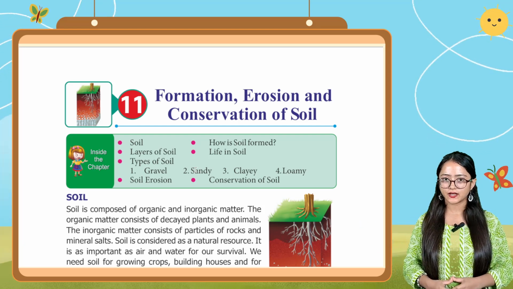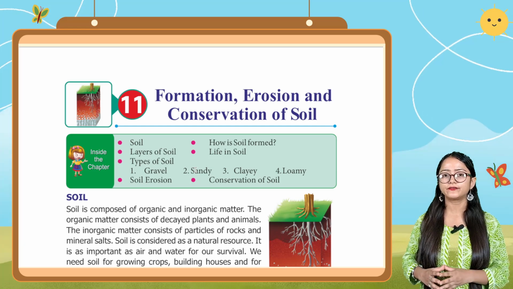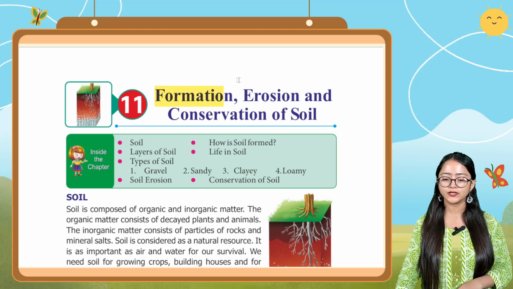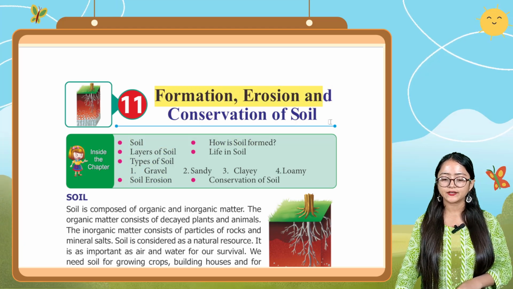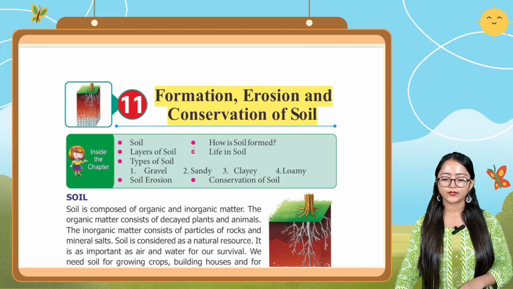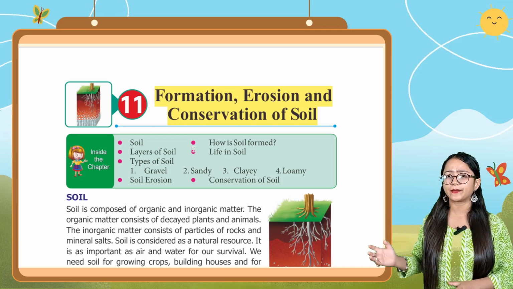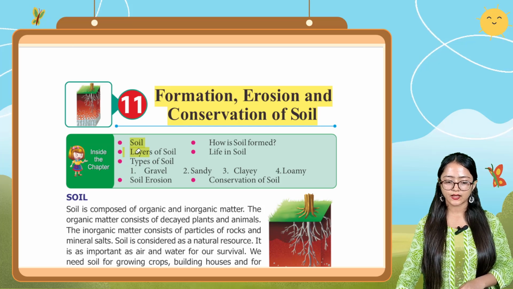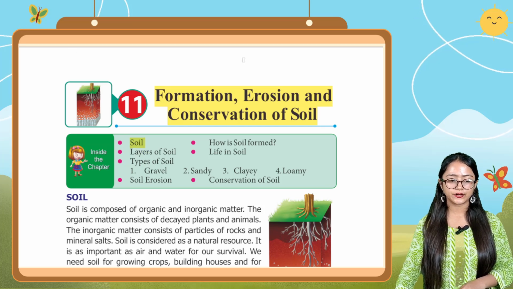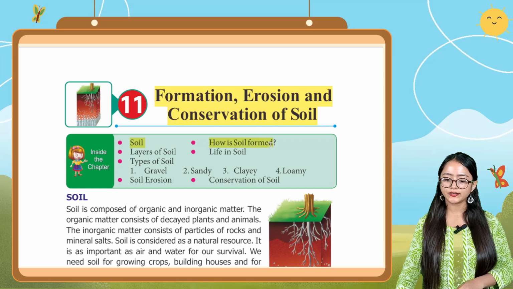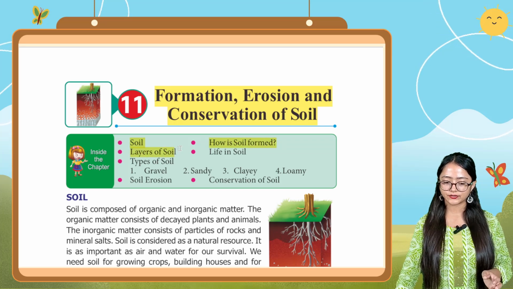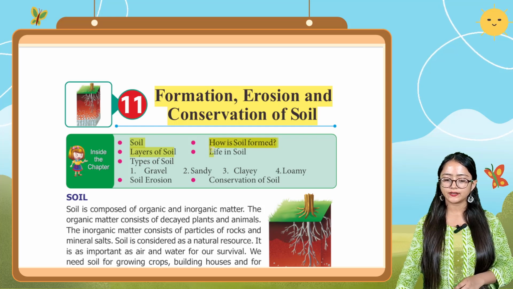So in today's class, we're going to talk about a new chapter, chapter 11, formation, erosion and conservation of soil. Here are the points inside the chapter. First point is soil, the next is how soil is formed, then layers of soil, then life in soil.